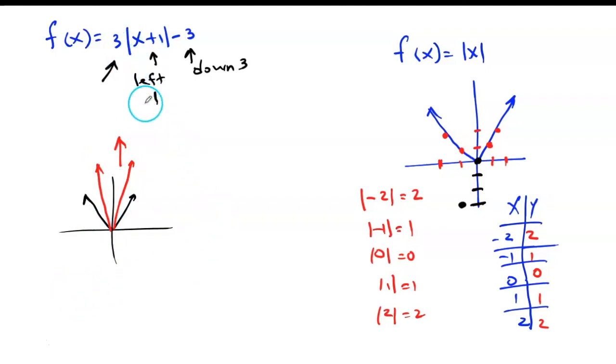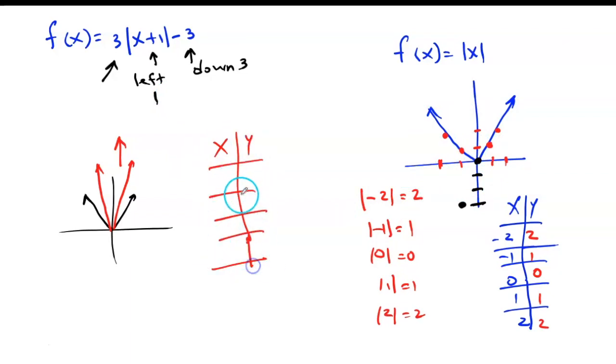If I need to create a table of values for this, I create it the same way that I did for my parent function, all right? Plug it in there and use the order of operations, okay? Let's say I'm using the same values, -2.